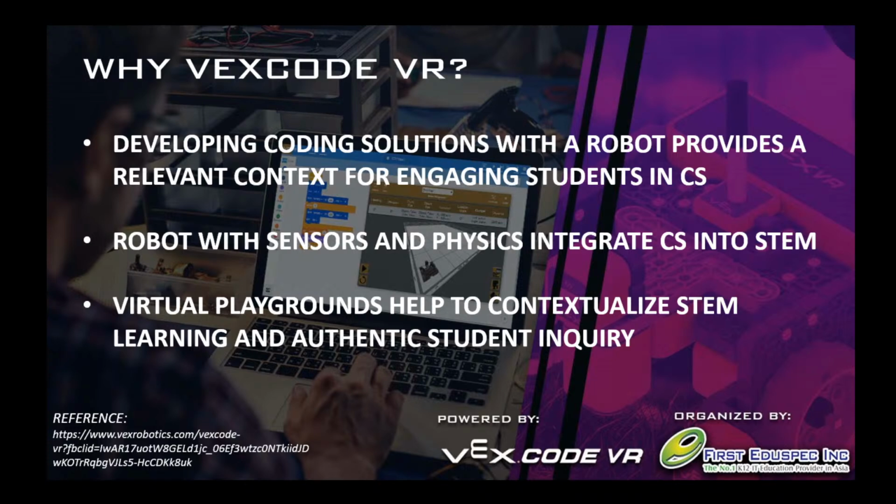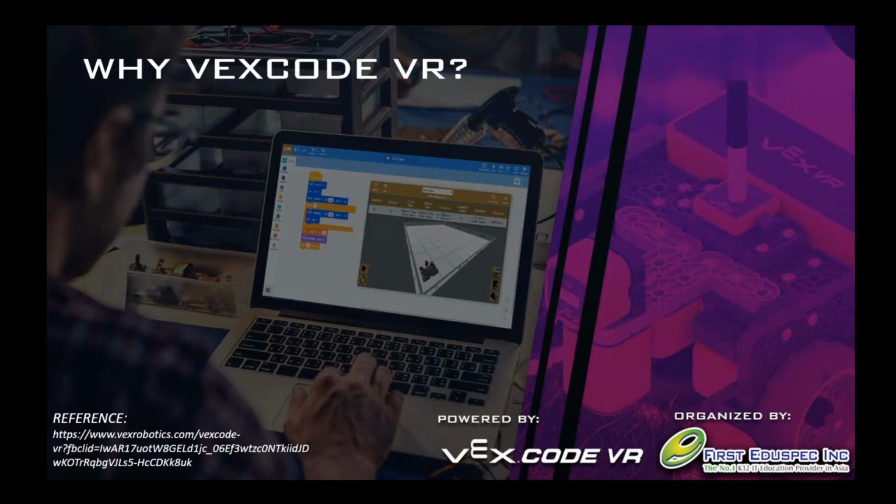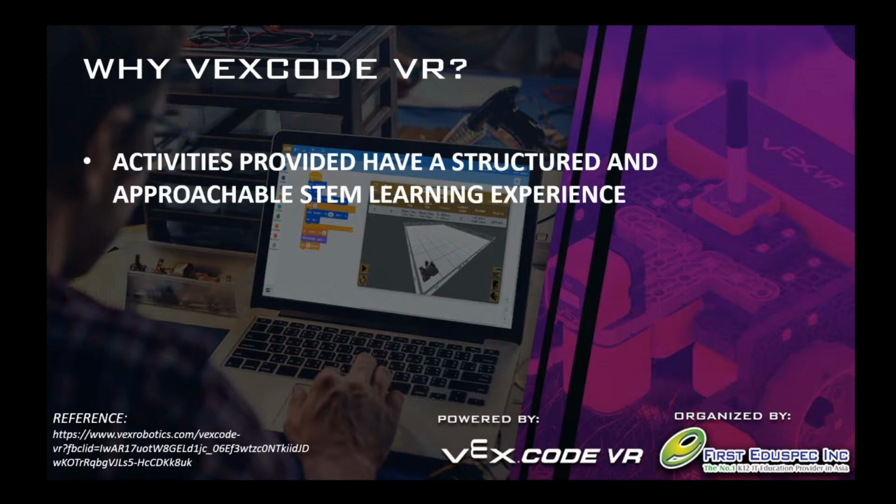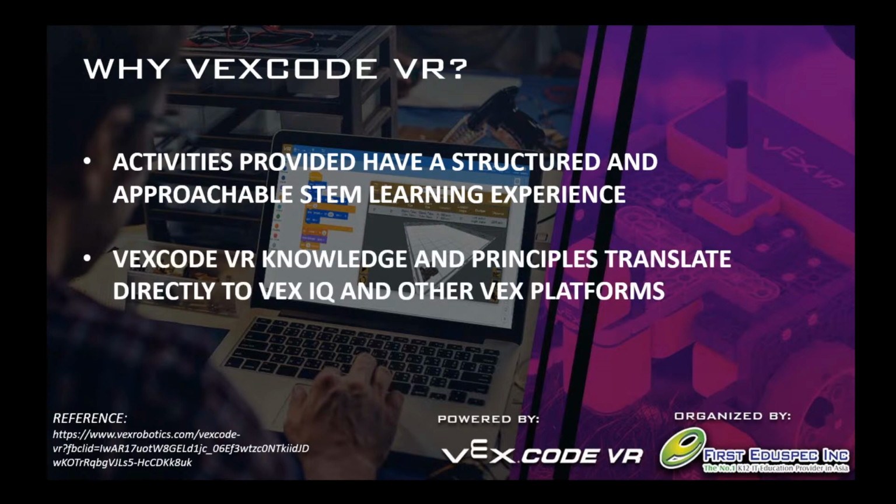In our RobotC, we have the virtual world, or the RVW. Here, we will have the virtual playgrounds. Later, you'll know what the playgrounds are. The activities provided have a structured and approachable STEM learning experience. Vexcode VR knowledge and principles translate directly to VexIQ and other Vex platforms.